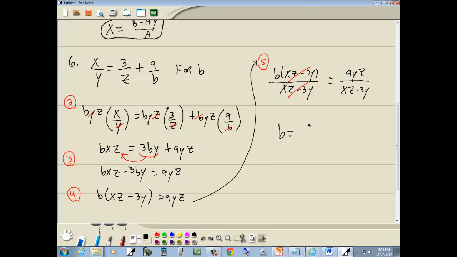And you got b is equal to ayz over xz minus 3y. Let me just double check that real quick. bxz, 3by, okay, ayz, take that over there, factor a b out. Okay, that's correct.